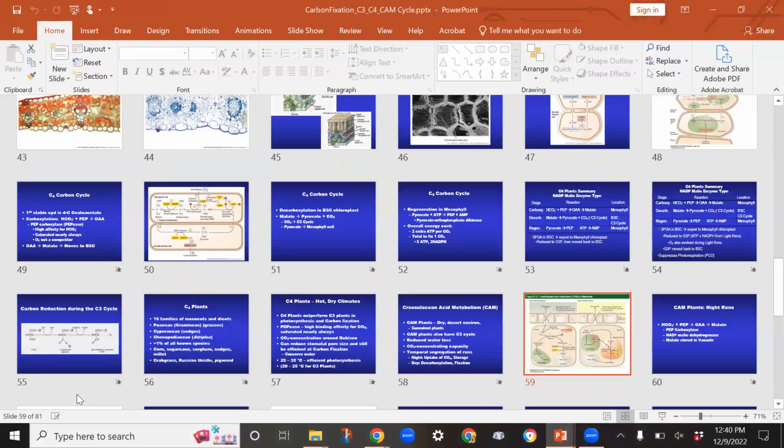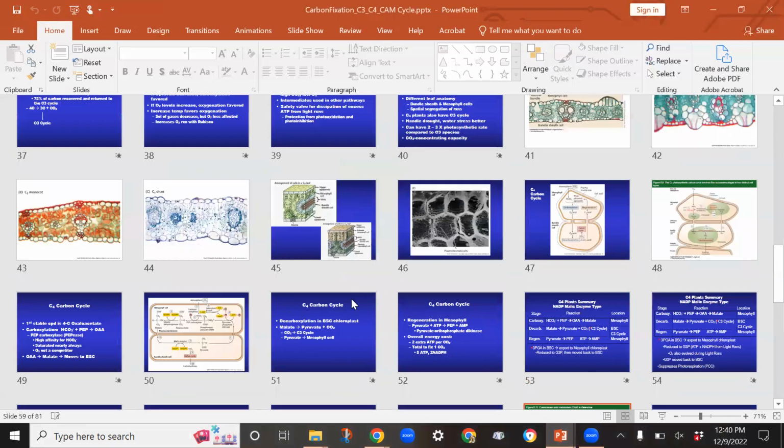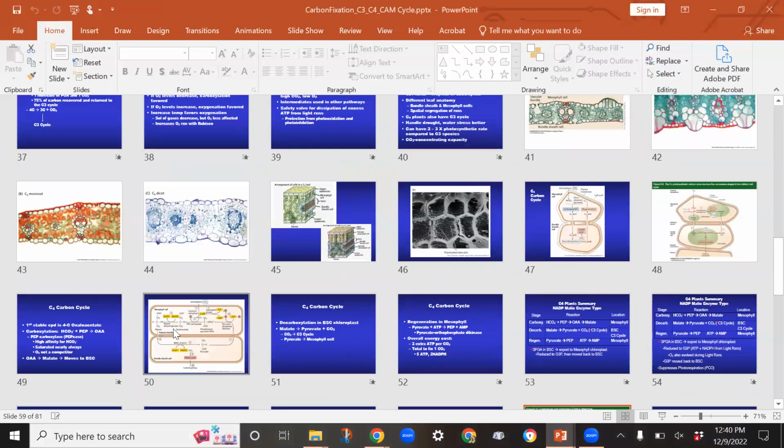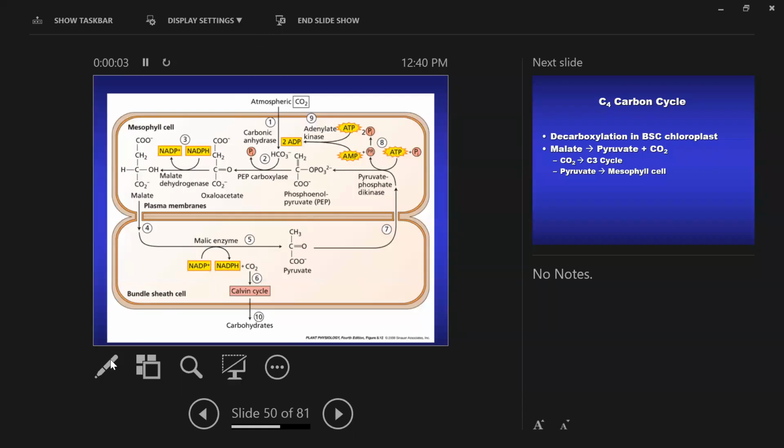Okay, so with this idea, with the C4 and the CAM cycle, so this is the C4. What kicks it off to start with is the CO2 comes in and it's going to react with phosphoenolpyruvate.